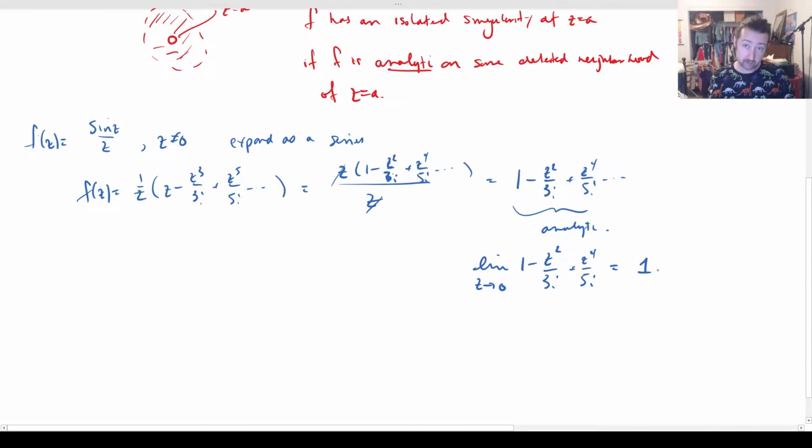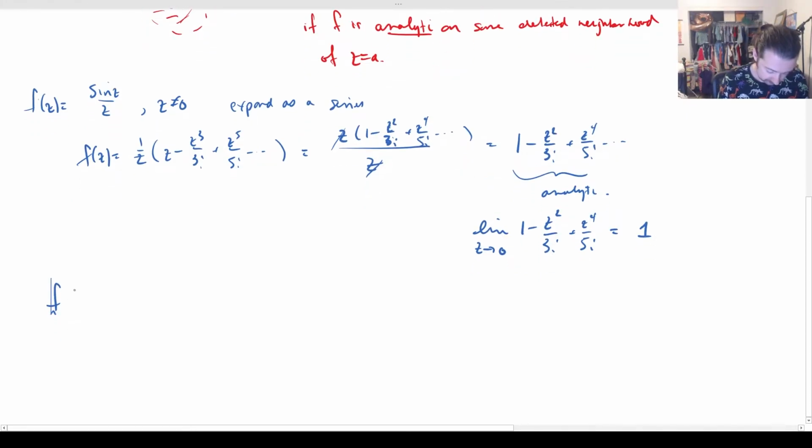So this actually has a limit as we approach this singular point. And that means we can fix this function by plugging in the gap. So if we define a new function, f hat of z, to be equal to the sine of z over z when z is not 0, and 1 when z is 0, this thing is analytic everywhere.